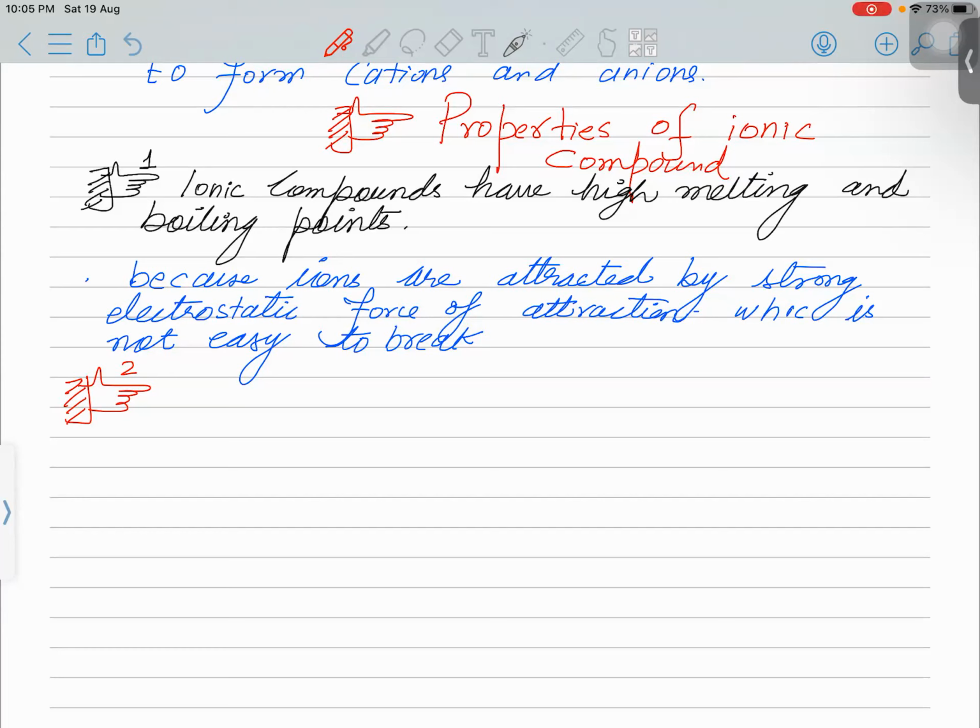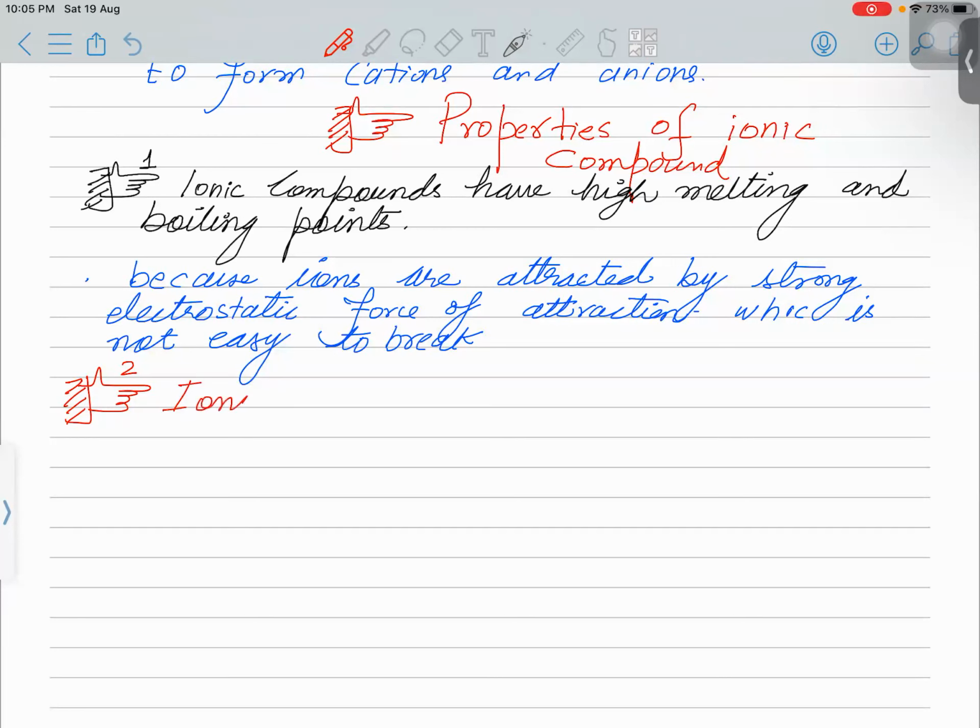They conduct electricity when they are molten or in aqueous solution. First, can I ask one question? Are ionic compounds soluble in water or insoluble in water? Soluble, correct.